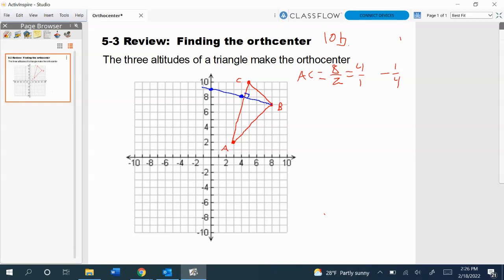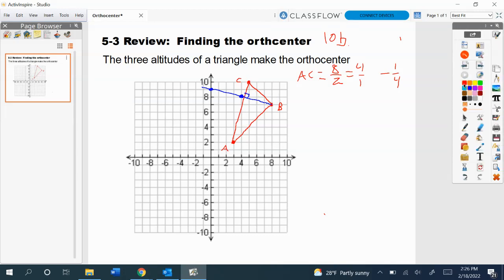We just need to find one more altitude, and then we will be able to find the orthocenter, because it'll be where the altitudes are crossing. Let's start with another side and find the slope of side CB.